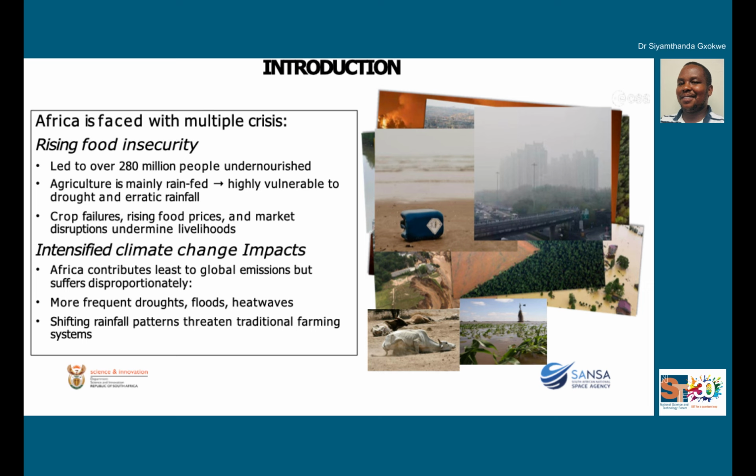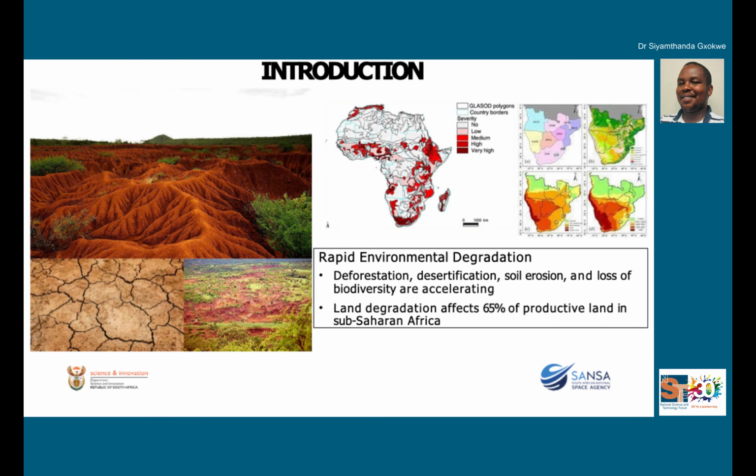There are also shifting rainfall patterns, which threaten the traditional farming systems in the area and also contribute to crop failures and rising food prices, amongst other challenges we are facing with regards to these themes.